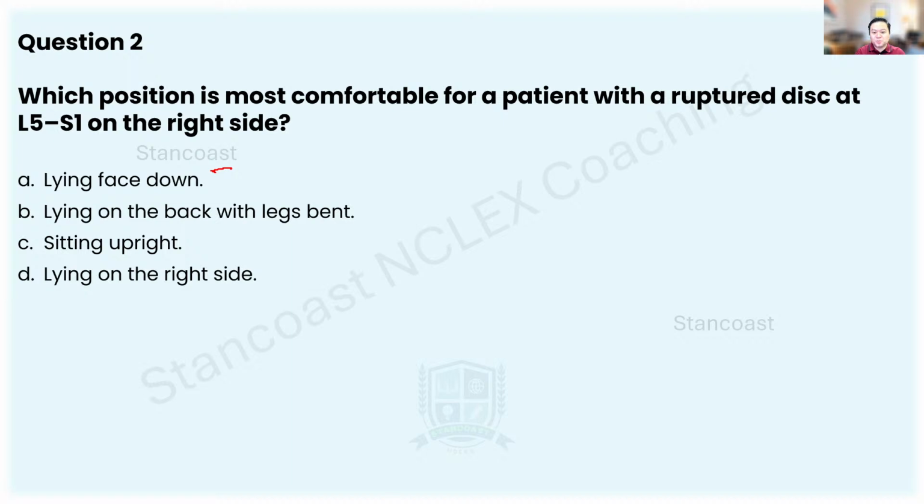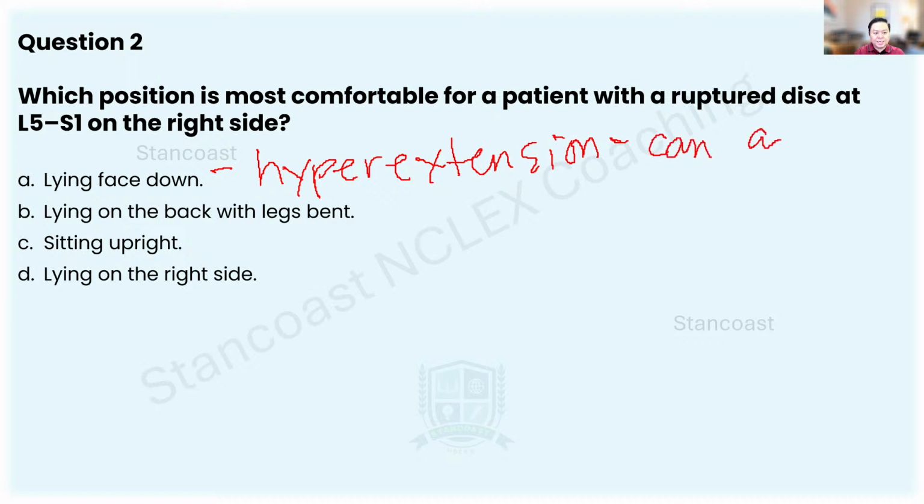If the patient is allowed to do this, then it can also increase the pressure on the herniated disc. It will aggravate the pain. It can compress the affected nerve root.